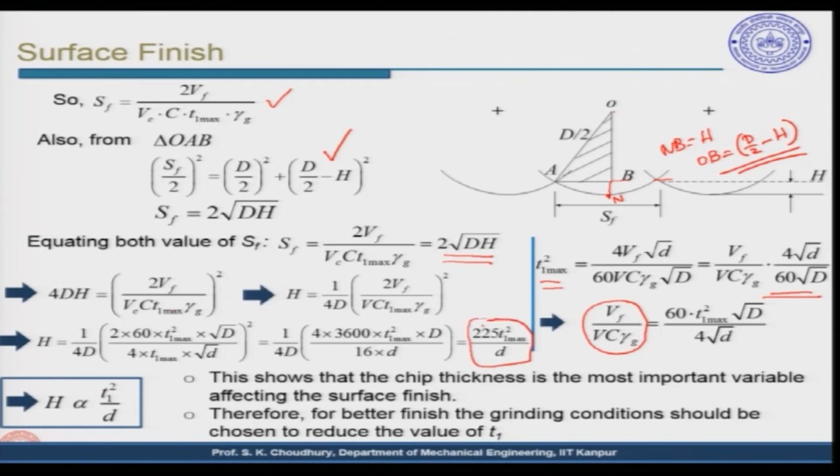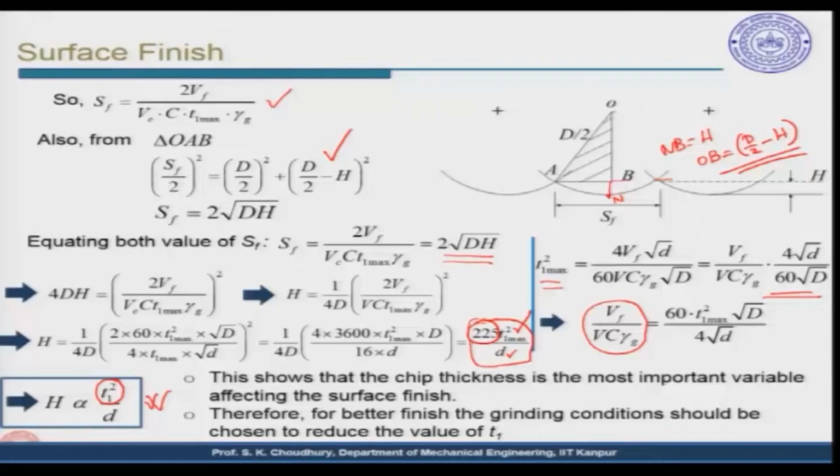Well, do not bother about this value, because this is a constant, and then we can say that H is proportional to T1 square divided by D. This is important to know, because then we can find out that if we have to improve the surface finish in the grinding process, we actually have to manipulate the T1, which is the uncut thickness.